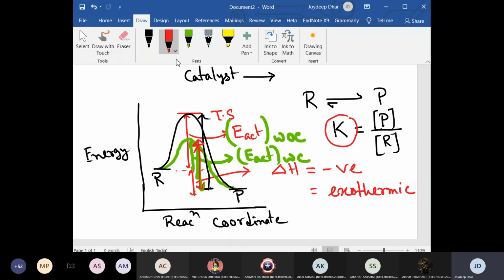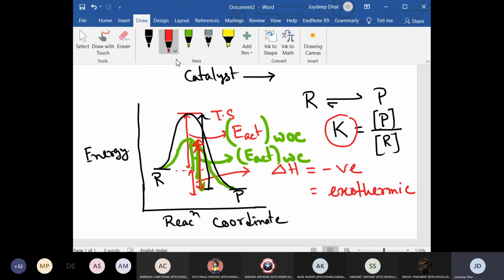Okay, so equilibrium means from forward reaction it is going fast as well as backward reaction also going fast. But what will happen if you add catalyst or if you don't add catalyst? The equilibrium constant capital K, that will remain same. Okay, so equilibrium constant is a ratio of product by reactant.